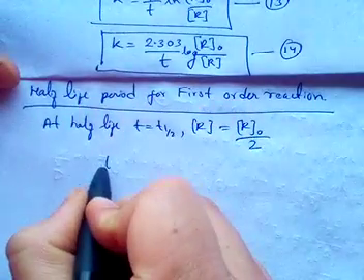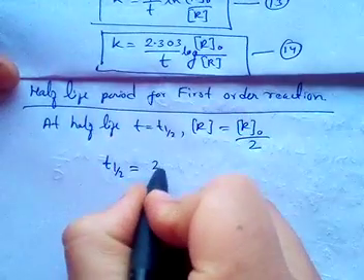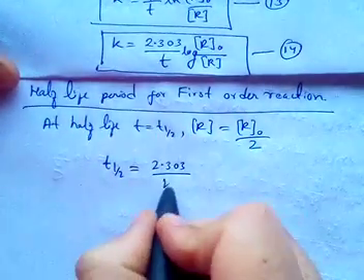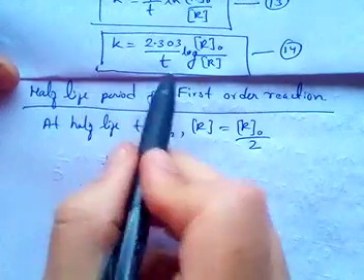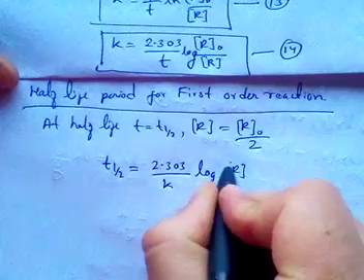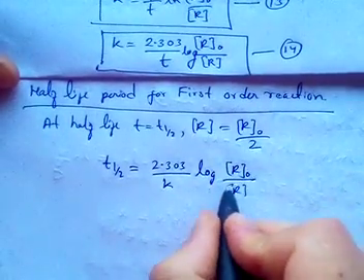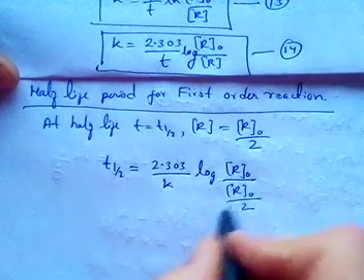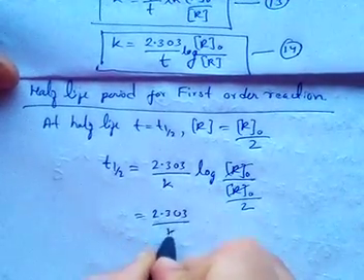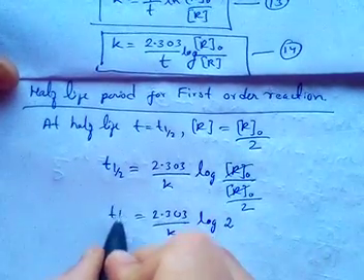So t1/2 is equal to 2.303 by k log r0 by r, and now the value of r is r0 by 2, so t1/2 is 2.303 by k log 2.